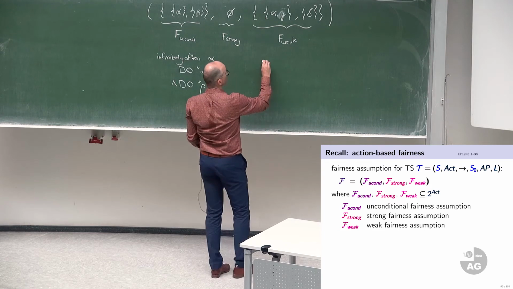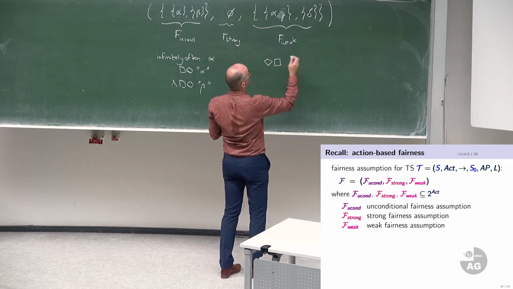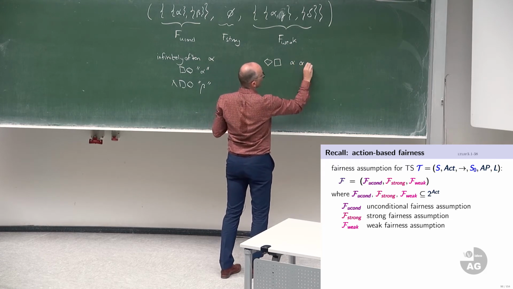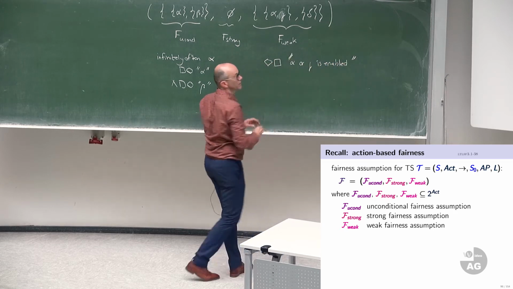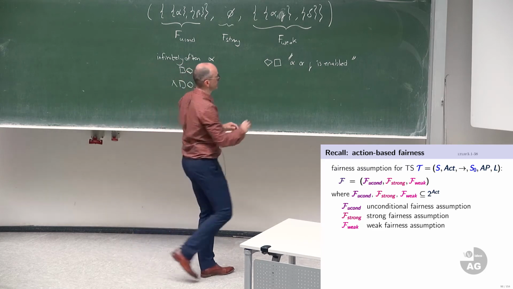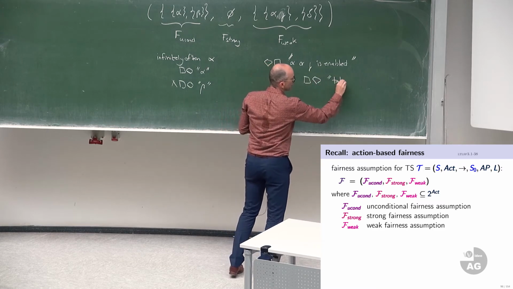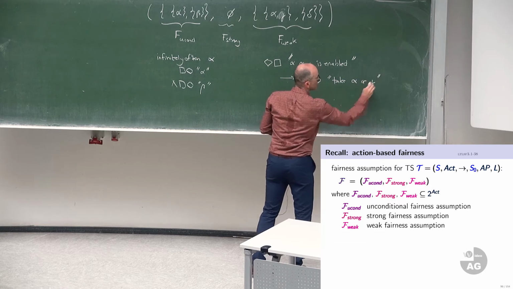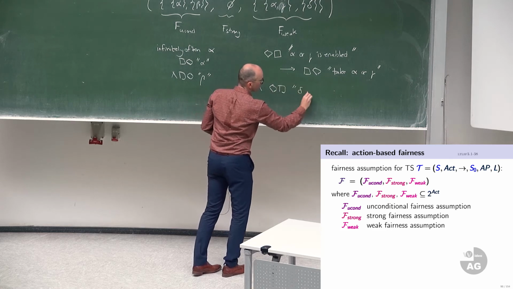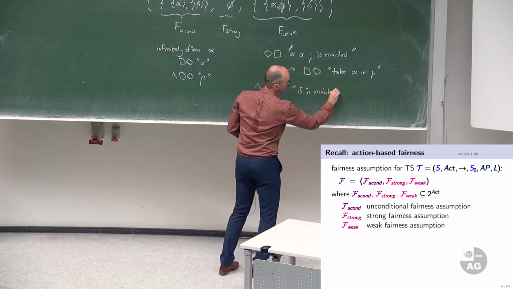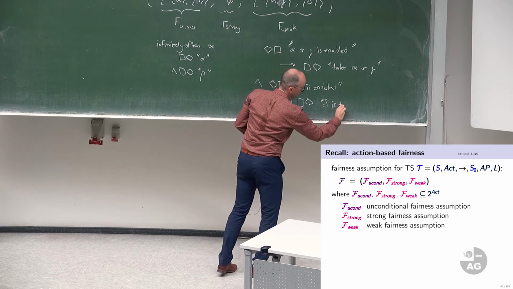That means, if from some point on, always either alpha or gamma is enabled, then we should take them infinitely often: infinitely often take alpha or gamma. And the delta was saying basically the same: if from some point on delta is enabled, then infinitely often delta is taken.